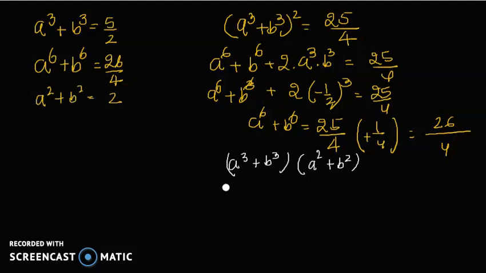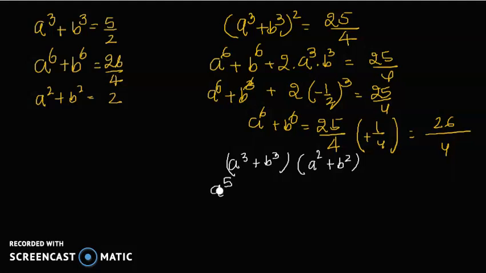Now our next step will be to find the product of a cube plus b cube times a square plus b square. So we will multiply these, a cube times a square, that will give us a raised to power 5.